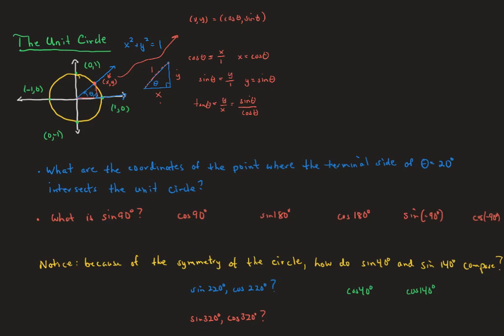So here's our claim. If you take a unit circle, a circle centered at the origin with radius 1, then another way of getting sine and cosine, other than our right triangle definition, instead of having to draw a right triangle, we can figure out where our angle intersects the unit circle, and the x-coordinate of that point is the cosine of that angle theta, and the y-coordinate of that point is the sine of theta.